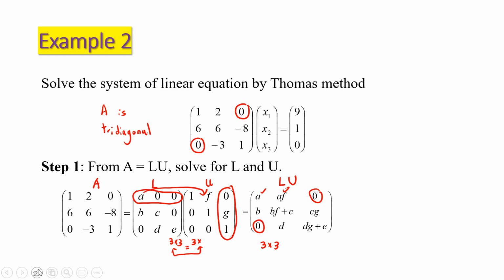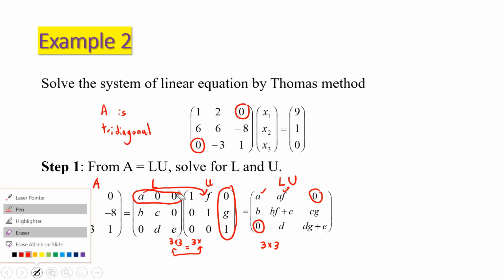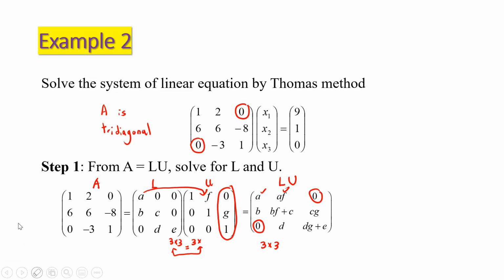Then I move to the second row, third column: B times 0, C times G, 0 times 1, so the result is CG.